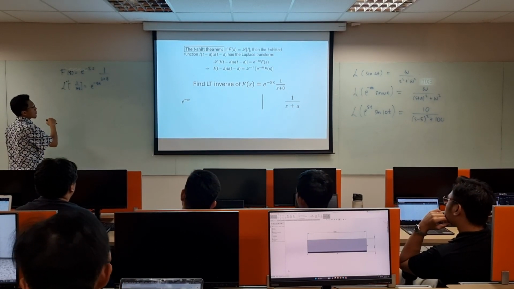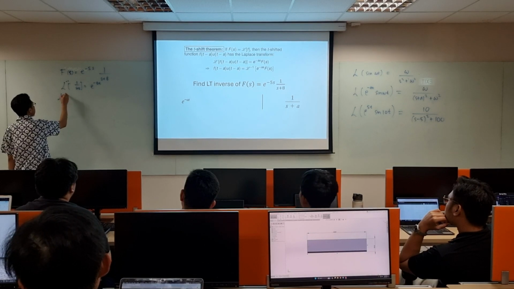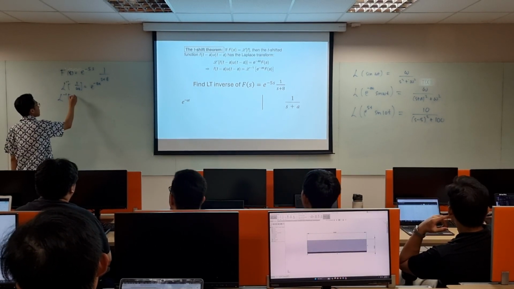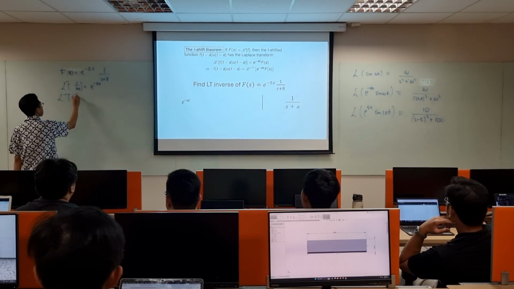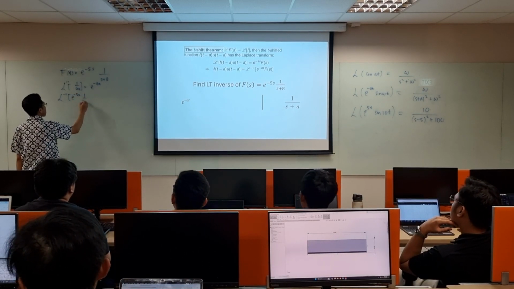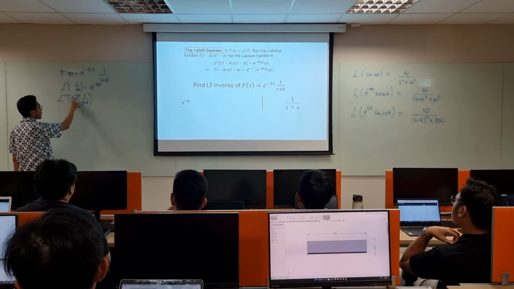And then the Laplace inverse of e to the minus 5s means we have to shift by 5.